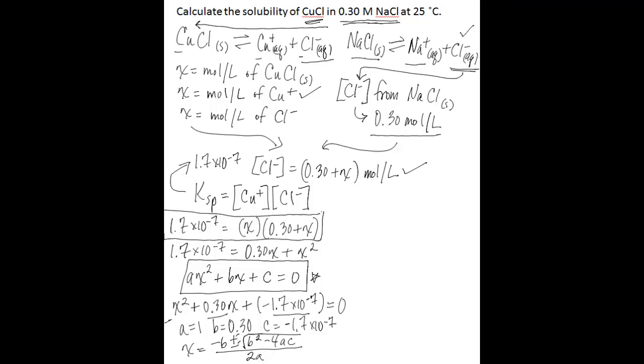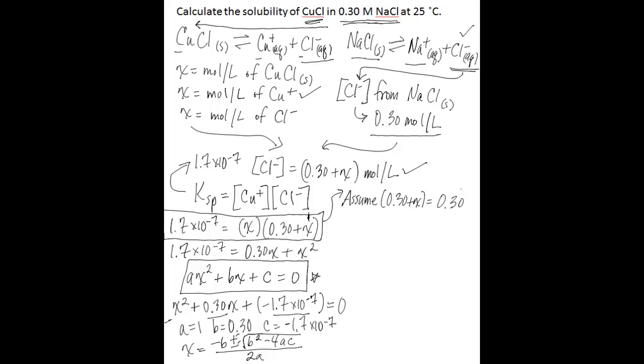So what you can do at this point is try to get rid of one of the x's, because if you get rid of one of the x's, particularly the x that is going to cause you to have an x squared and going to cause you to have to use the quadratic equation, then you can more easily solve for x. So what you can do here is make an assumption, and you can assume that 0.30 plus x is equal to 0.30.